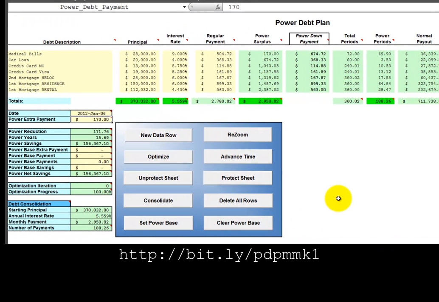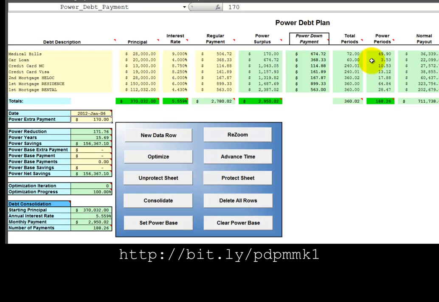Okay, we're back, and that optimize took about 12 minutes. Now, as we can see here, the optimal paydown path shows paying off the medical bills first, and the power periods are about 50 payments to pay that off. And then the car loan becomes top priority, and there'll be another 3.5 payments remaining on that loan.